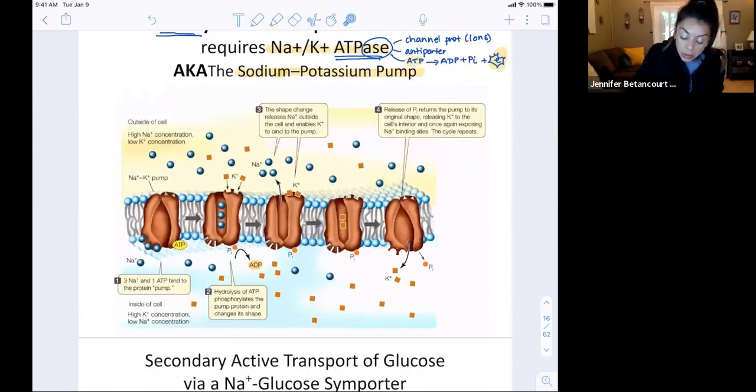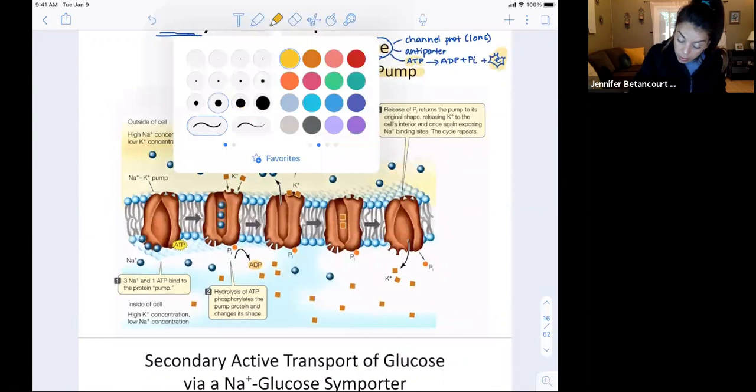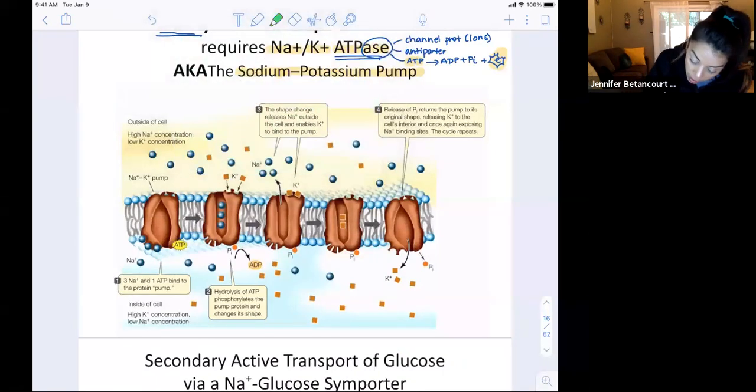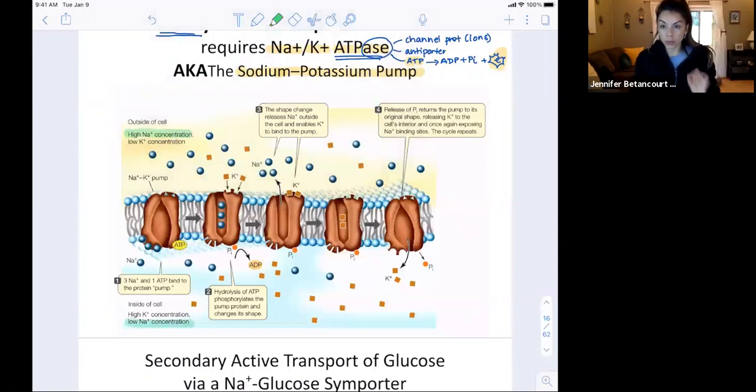So the first thing to really recognize is the concentration gradients of each of these things. So I'm going to highlight them in different colors. Let's say that we're going to highlight the sodium in green. Okay, so for starters, the concentration of sodium ions is higher outside than it is inside. So it's high outside, low inside.